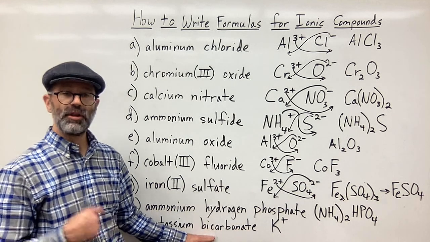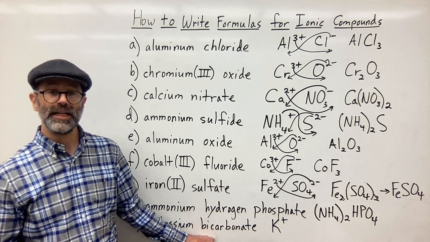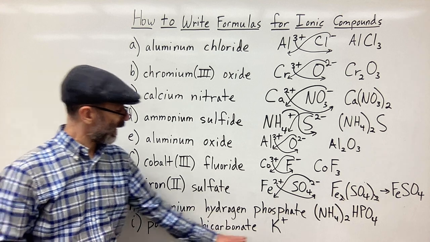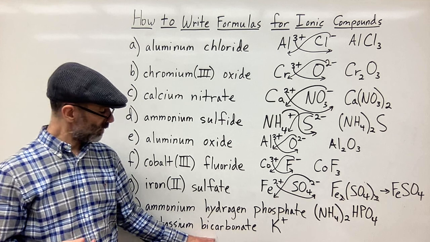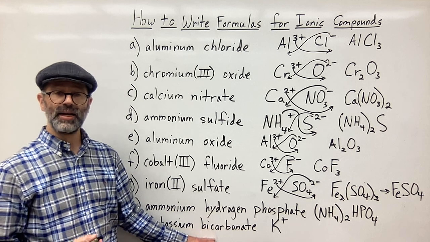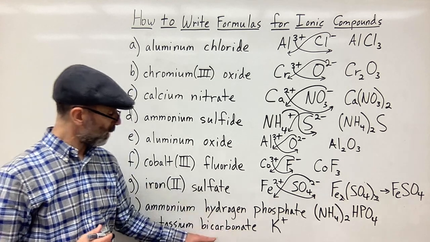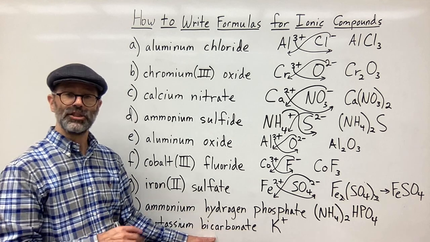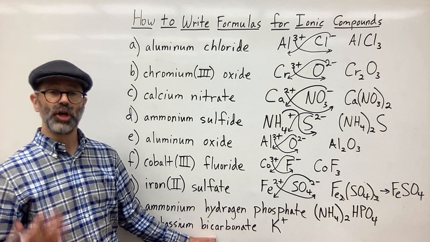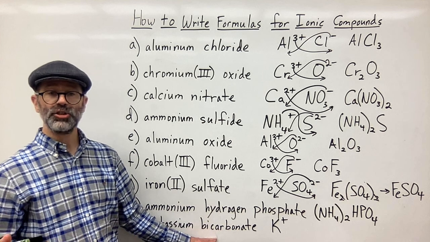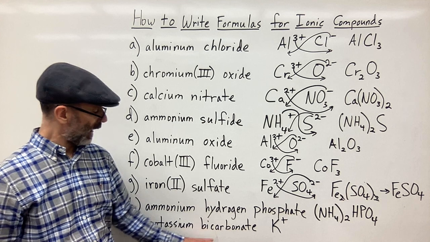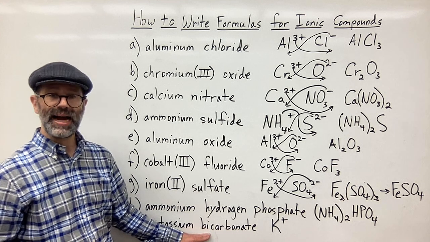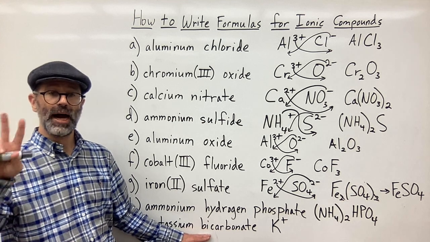Bi is referring to the fact that it has two hydrogens. Another name of this is dihydrogen carbonate. So dihydrogen carbonate, again, if you have trouble remembering the formula and the charge on this, just remember carbonate. Carbonate, you should know, is CO3 2 minus, right? And if it's bi or dihydrogen, then you know it has two hydrogens.